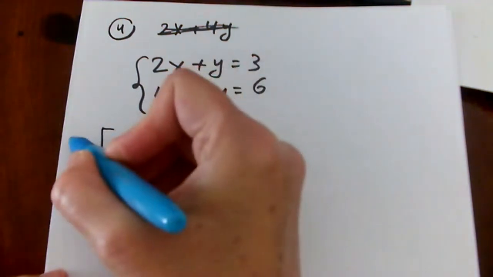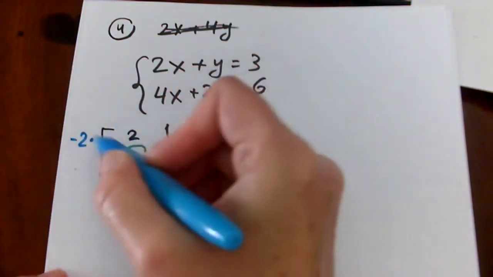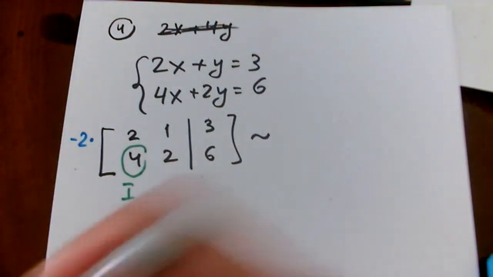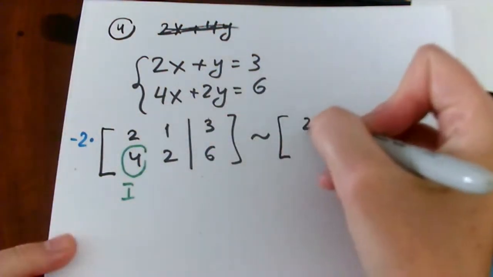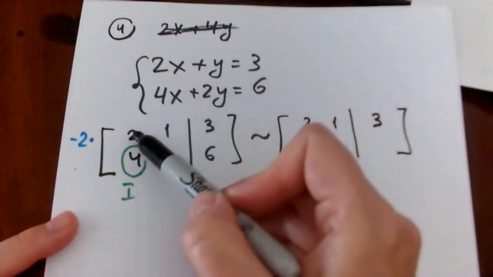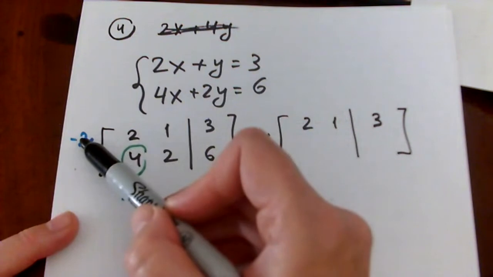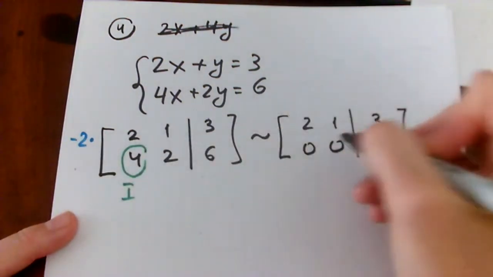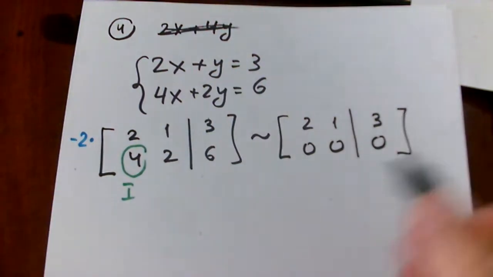Because the first row is very nice, we can multiply it by 2 and add the result to the second row, and we will be finished immediately. So let's rewrite the first row: 2, 1, 3. Minus 2 minus 2 will be minus 4, plus 4 will be 0, minus 2 plus 2, 0 again, and this is 0 again. So this is row echelon form.